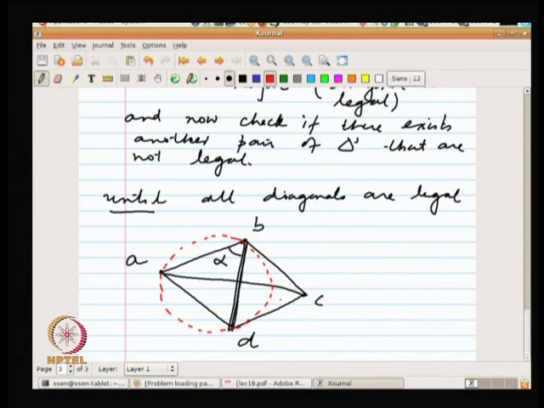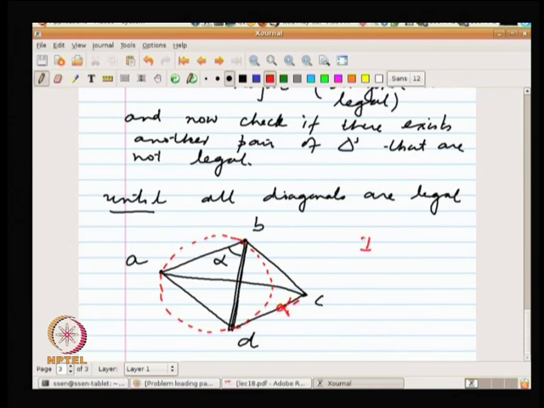Look at this angle alpha prime. How do you compare alpha and alpha prime? Okay, if C were on the circle, then alpha would have been equal to alpha prime, right?